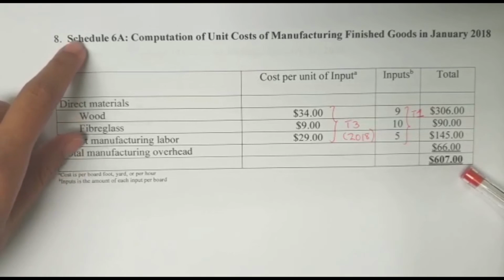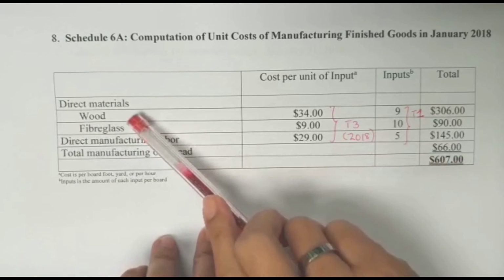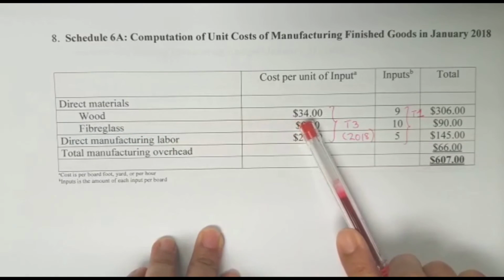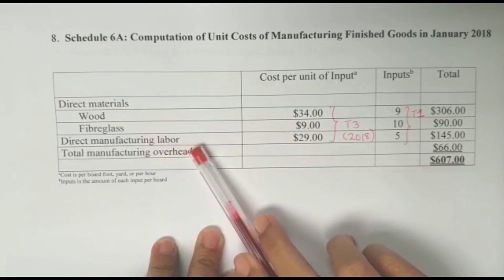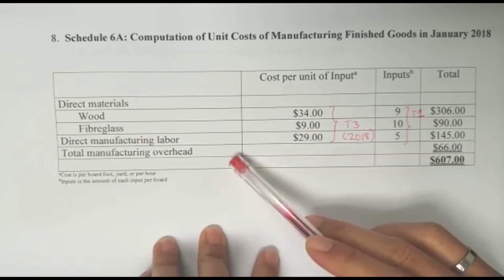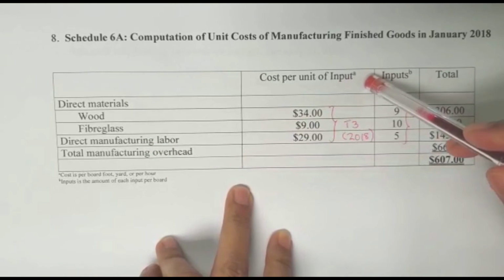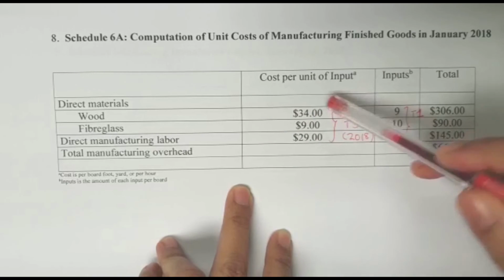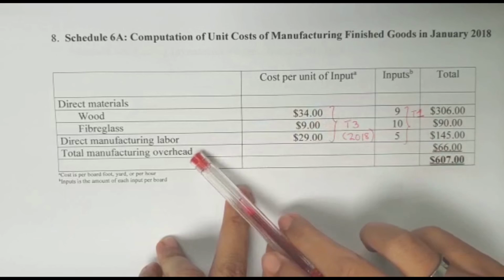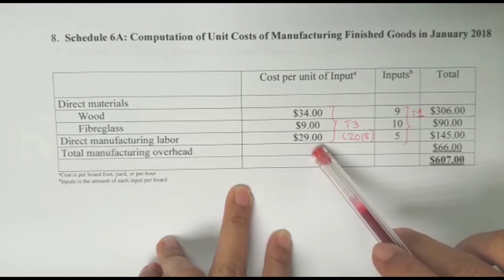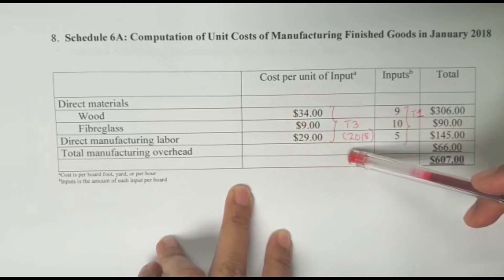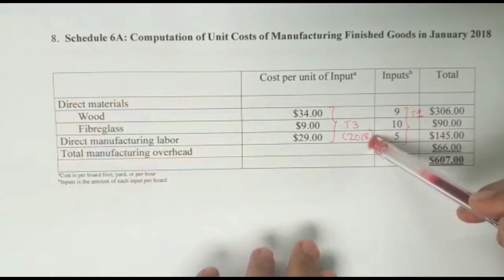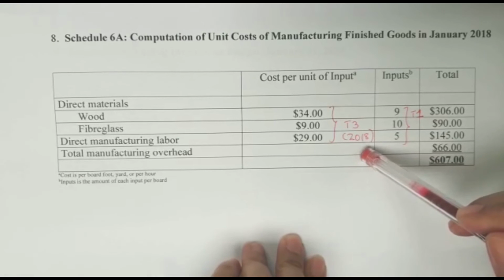So for this schedule 6A, we line up the direct materials that we are going to use. We need wood, fiberglass, direct manufacturing labor, and total manufacturing overhead. If you look at the cost per unit of input here, for wood it is 34 ringgit, for fiberglass it is 9 ringgit, for direct manufacturing labor it is 29. This information is given to us in table 3, and you have to be careful: you have to look at the year 2018, not 2017.